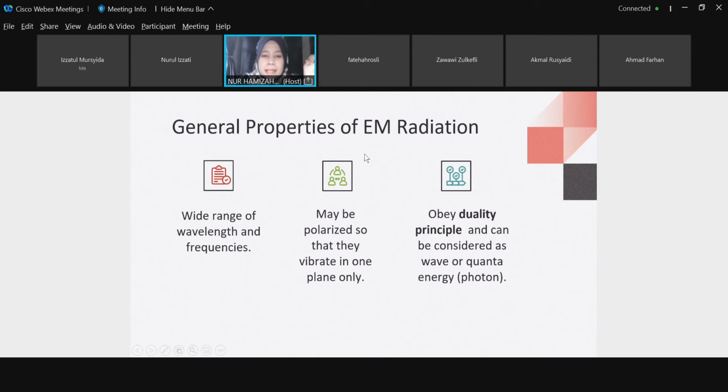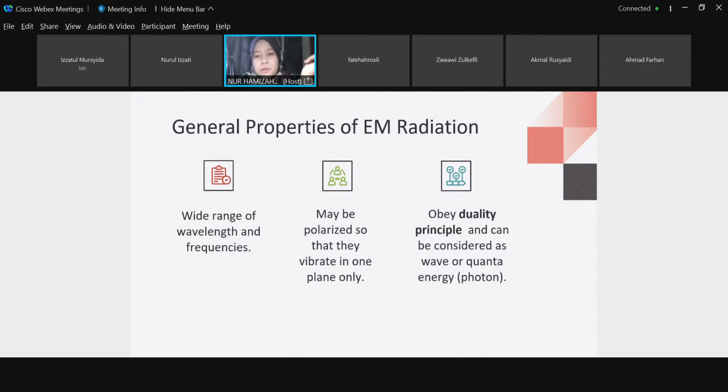These EM radiations may be polarized so that they vibrate in one plane only. From two planes, they can be filtered out so that they travel in one plane only.